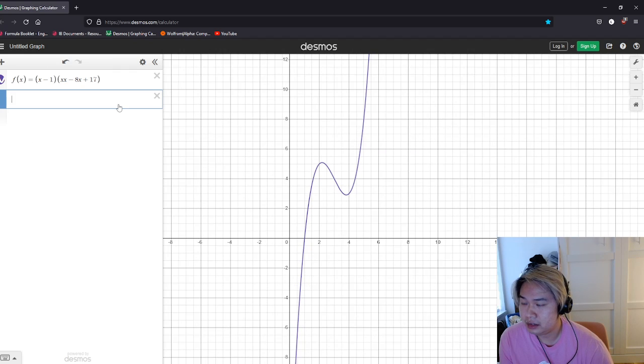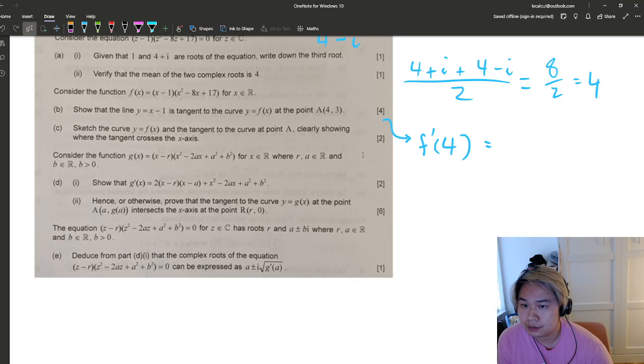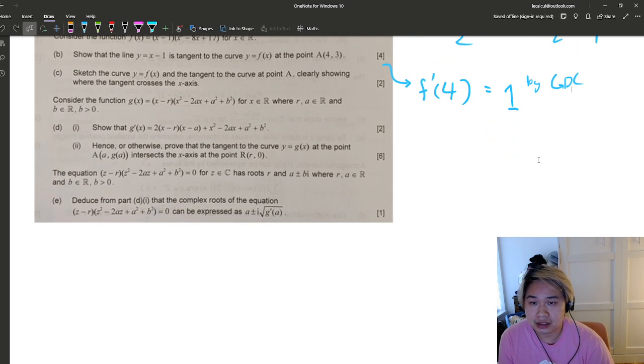Okay, and then tell me what the derivative is at 4, which is 1, by GDC. And then of course we just need to know the equation of the tangent line, so we can start with point gradient form.